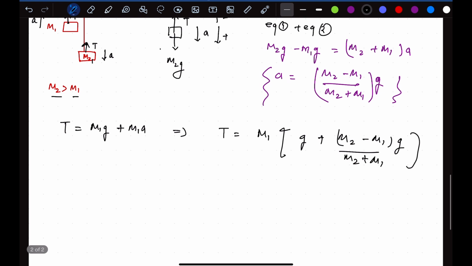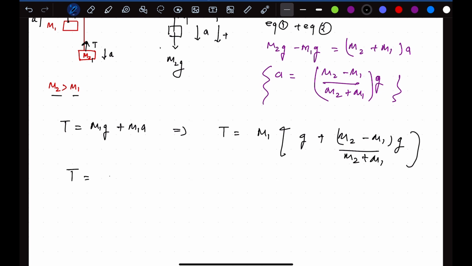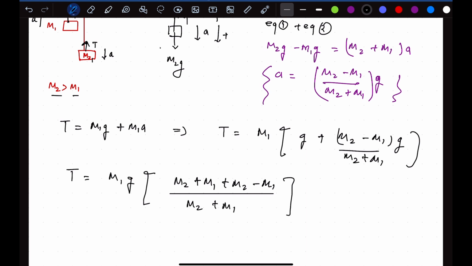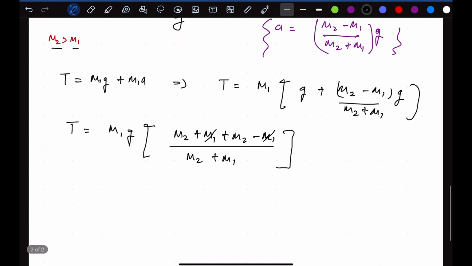Taking g common, it is m2 plus m1 plus m2 minus m1 divided by m2 plus m1. The m1 terms cancel out, so we get 2m2. In total the tension becomes T equals 2m1m2g divided by m2 plus m1.